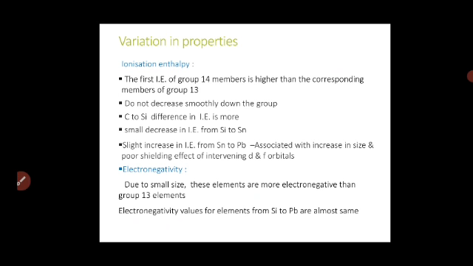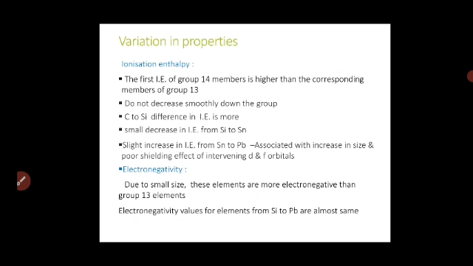Now based on atomic size, one more property is ionization enthalpy, that is the energy required to remove the outermost electron. If one electron is removed and the atom becomes stable, that atom has a tendency to lose the electron very easily.